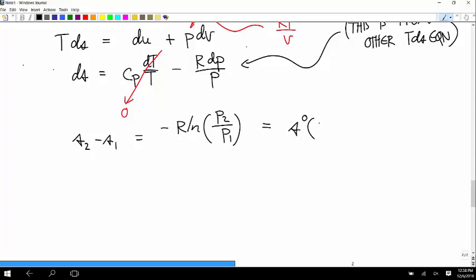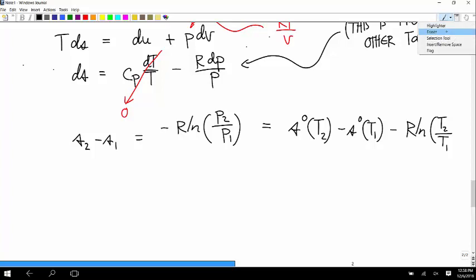That's not times, that's a function, that's an argument, you know what I mean? So S0 at T2 minus S0 at T1, and then minus R natural log of P2 over P1.